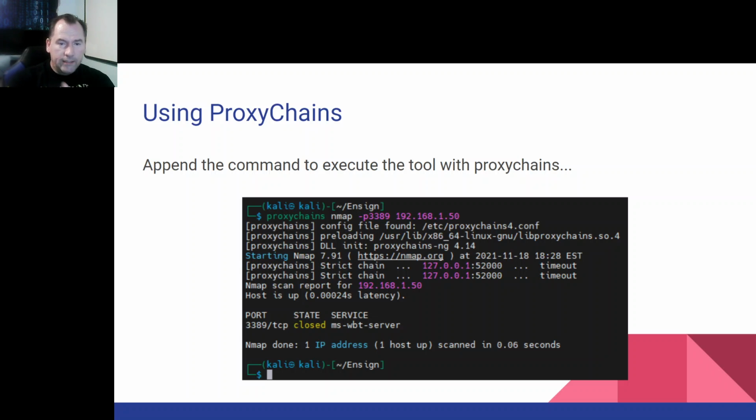So for this example, I used nmap on port 3389, and I'm looking at IPs inside the 192.168.1 network, which is inside the compromised web server, or where the compromised web server sits. The results come back using the tunnel that this TCP port is closed. And that's how I can hunt around and identify the open ports of the hosts that are inside that network.